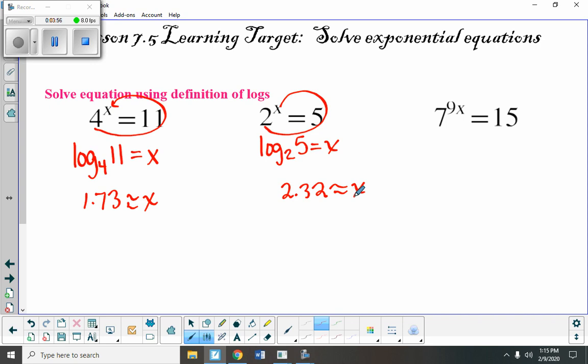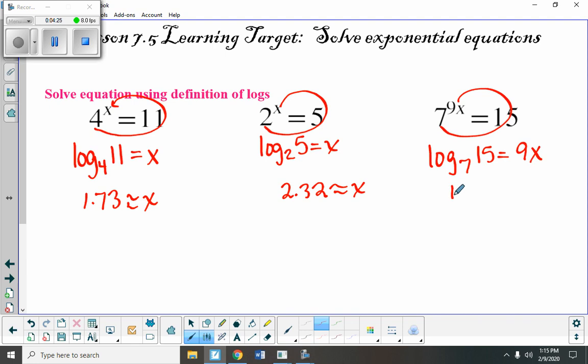In the next example, we have a little bit more going on here up in the exponent, but we're going to use the same method. We're going to write it using the definition of logs. Log base 7 of 15 is equal to 9x. So again, we'll use the change of base on the left side. Log 15 divided by log 7.